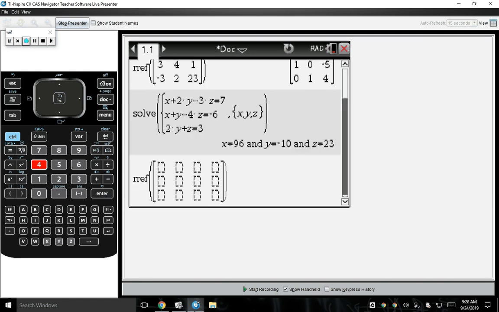Don't try to scroll down to OK because it gets a little glitchy. And now, 1, 2, negative 3, 7. Just the problem the way you saw it. 1, 1. Remember, this is the augmented matrix, by the way. Augmented matrix means that there's just more added to it. And the last column that's added to it is that 4th column of constants.